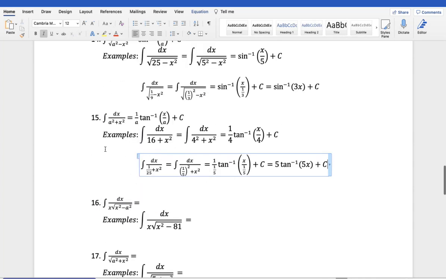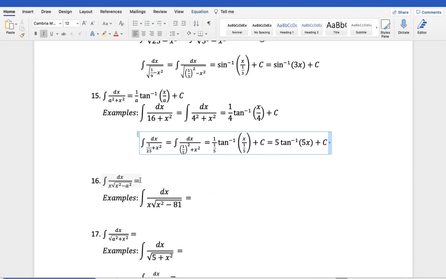the module. So if we look at the next standard form, which is the integral of dx over x multiplied by the square root of x squared minus a squared, for that general form, we have that is just equal to 1 over a multiplied by sec inverse of the absolute value of x over a plus c.